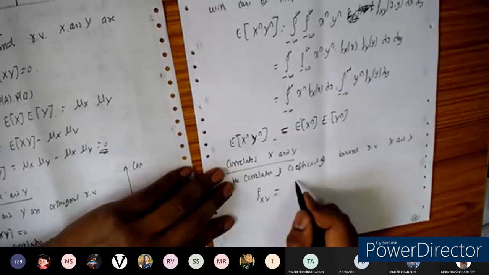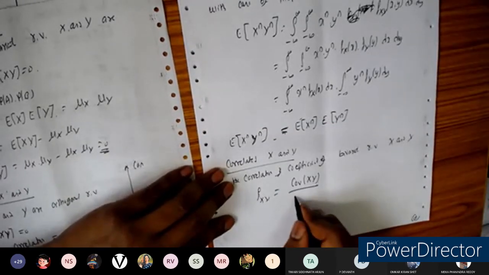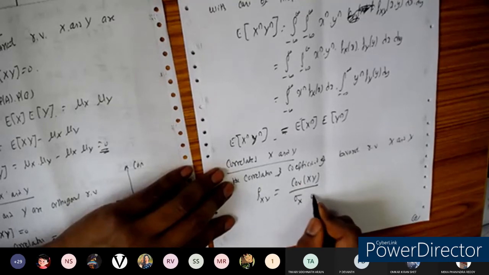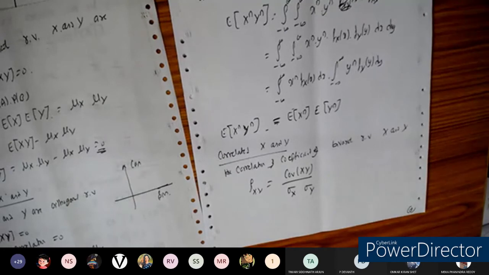It is nothing but the covariance of X and Y divided by the product of the standard deviations, sigma x into sigma y.